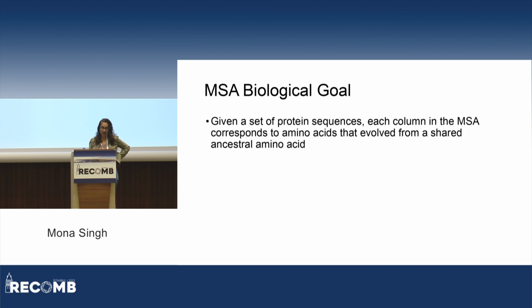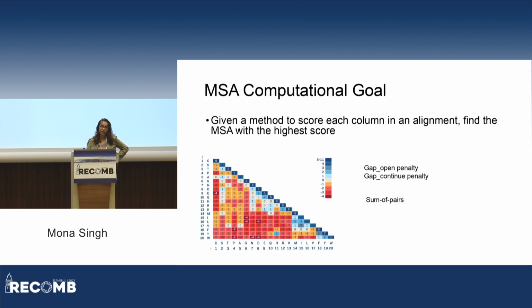First, let's talk about the biological goal. Given a set of protein sequences, each column in the MSA, or multiple sequence alignment, corresponds to amino acids that evolved from a shared ancestral amino acid sequence. Now we can talk about the computational goal. The way we typically think about it is, if we're given a method to score each column in an alignment, we want to find the multiple sequence alignment which has the highest score across all columns.